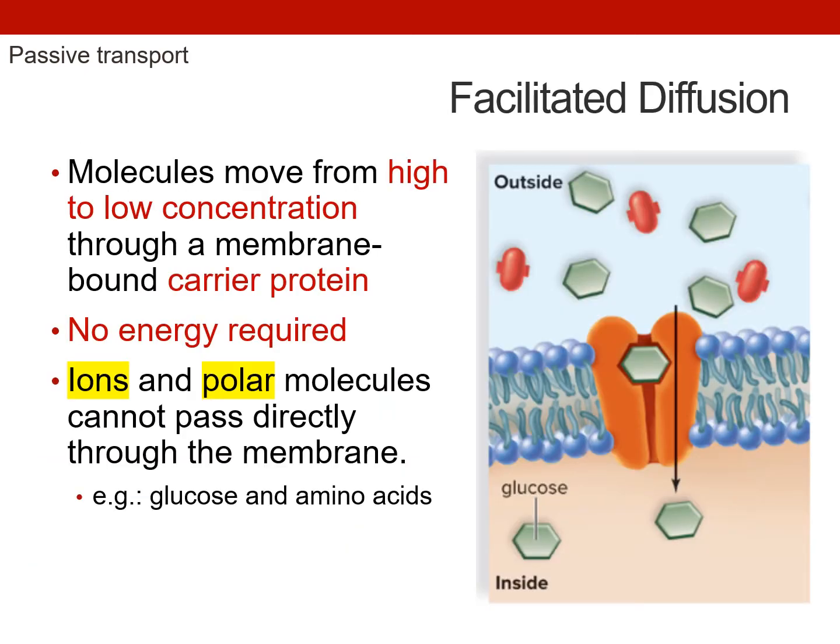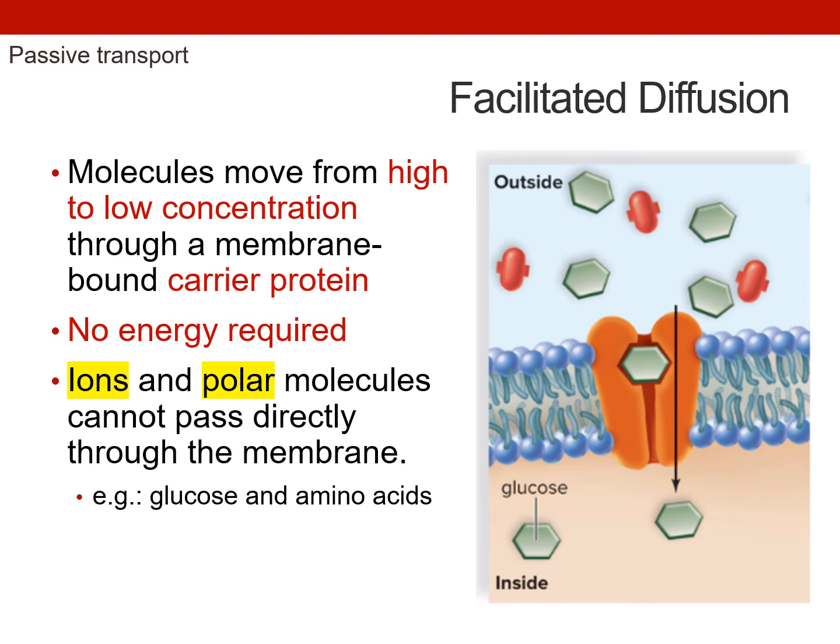In passive diffusion, molecules move from high concentration of solutes to lower concentration. But some molecules cannot easily pass through the selective cell membrane because they are polar or charged. In this case, certain molecules cross the membrane through carrier proteins that span the membrane, so they are not repelled by the hydrophilic heads of the phospholipids.